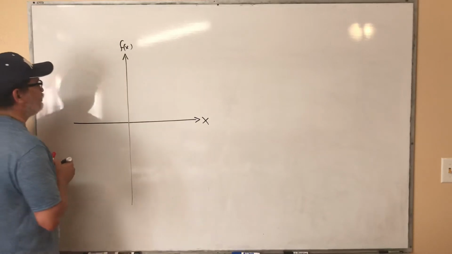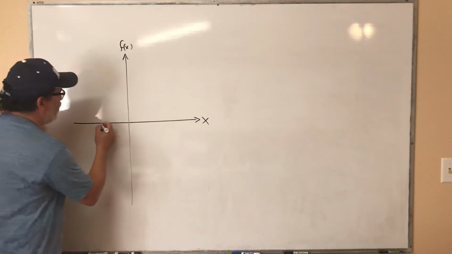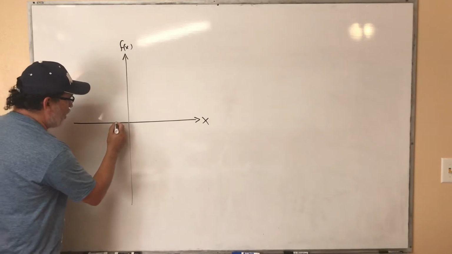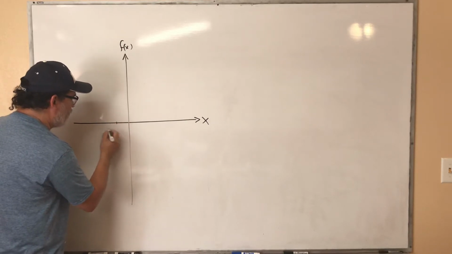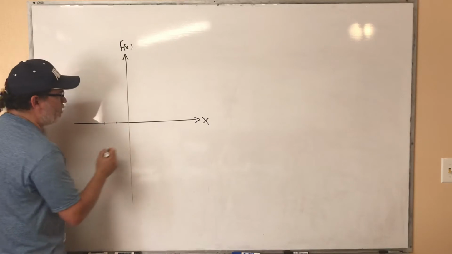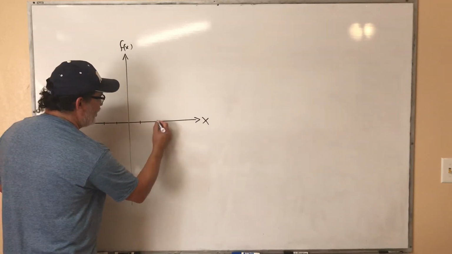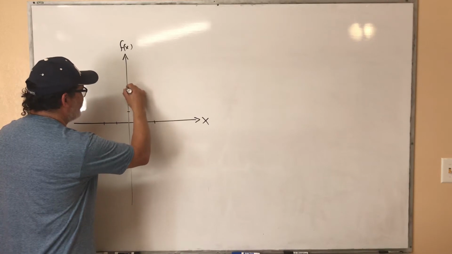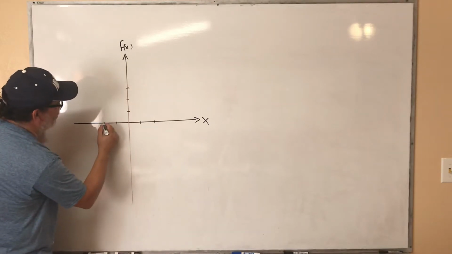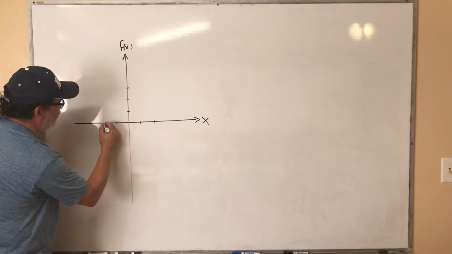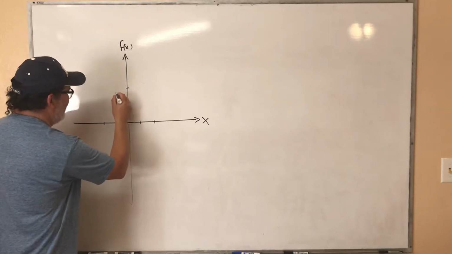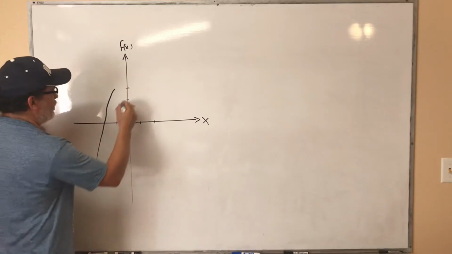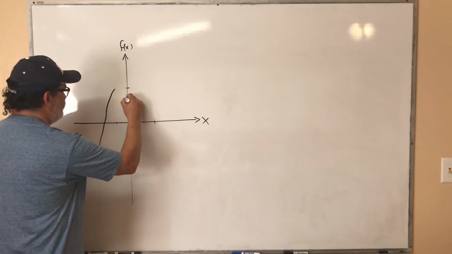Okay, no problem. So I'll do this. I'm going to say this is 1, -1, -2. This is 1 and 2. 1, 2, and 3. So I'm just going to do this, good class. Here I'm going to go there. And here I'm going to go there.